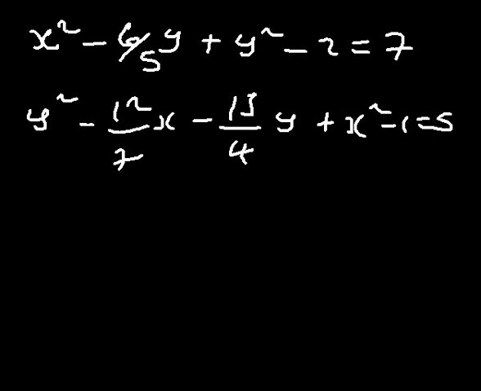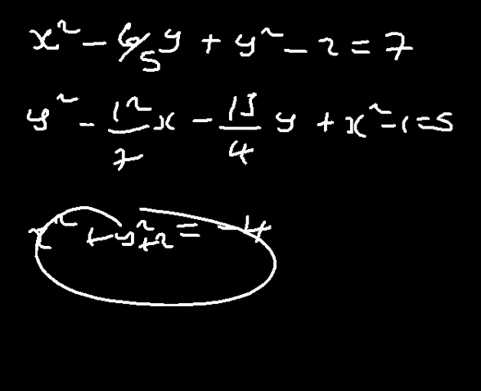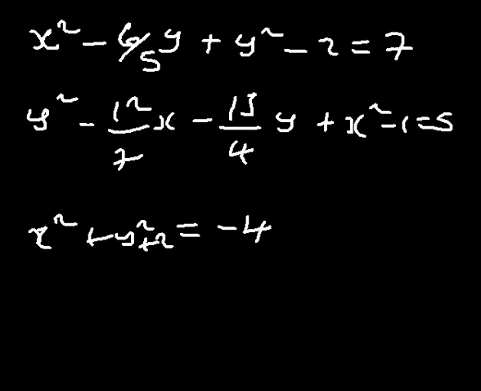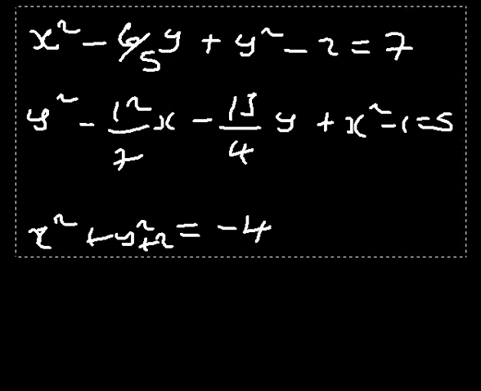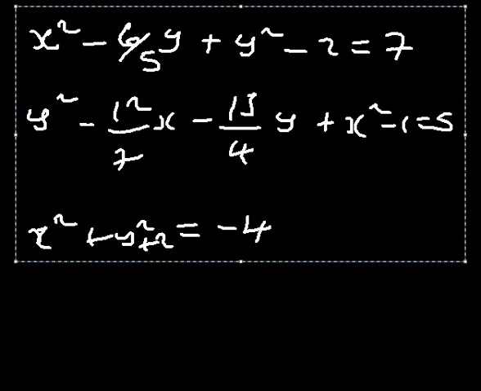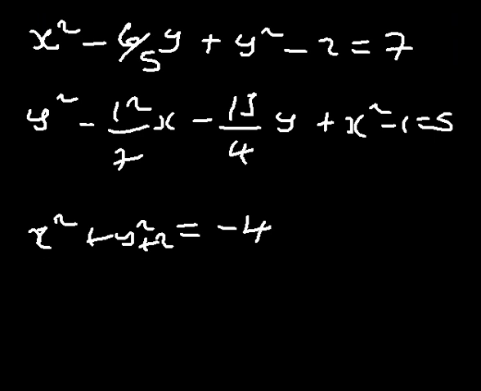Let's say we have x squared plus y squared is equal to negative 4, let's say plus 2 here. What is the center, actually the center as well as the radius of that shape? So try to work that one out on your own. And also try this one as well.